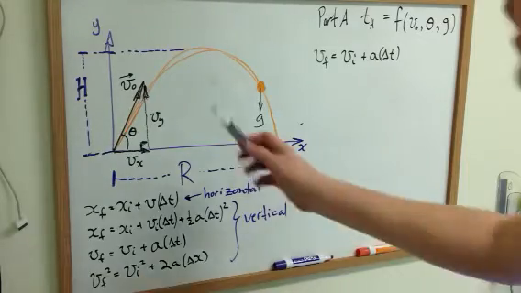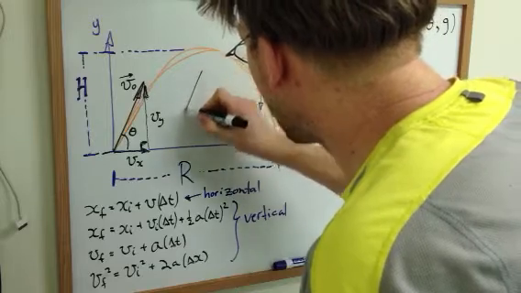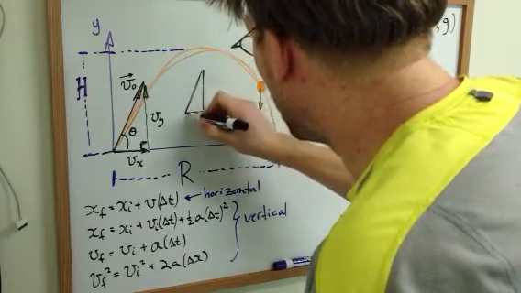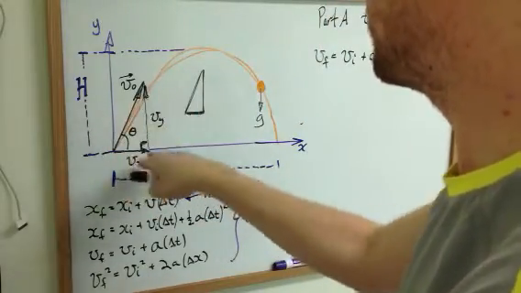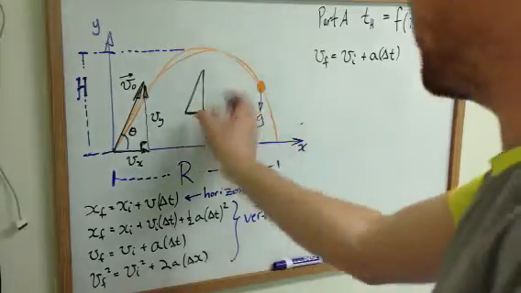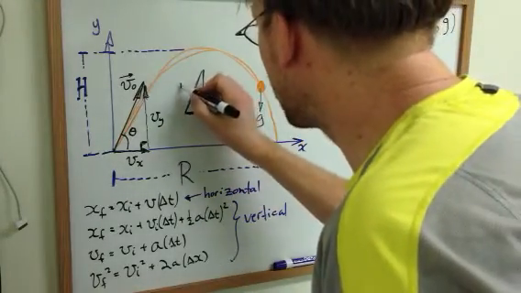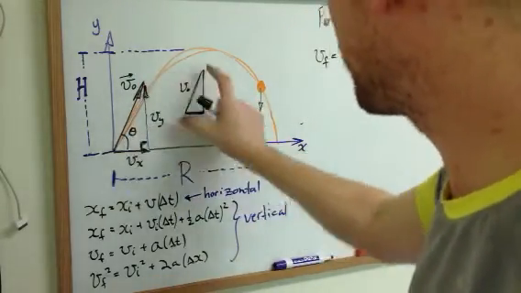So for the initial velocity, and some people don't like to see those arrows, you could redraw the triangle to the side with the same sized sides, and just think of it as a simple triangle where this side is proportional to v0. That's the length of this vector.